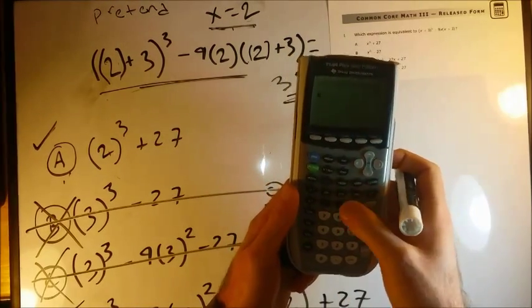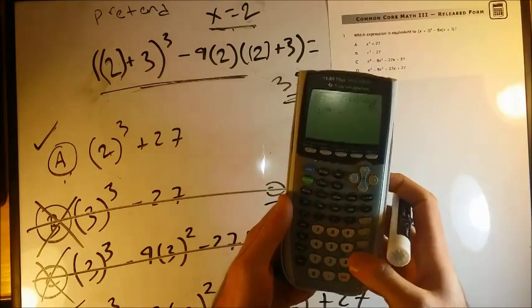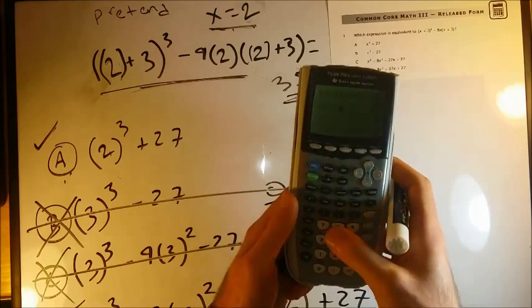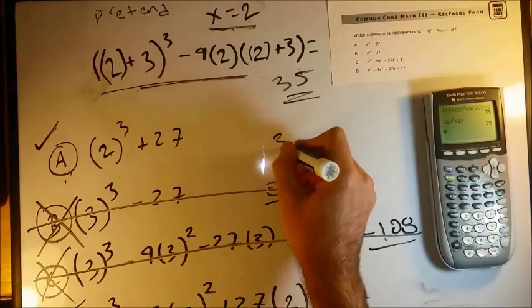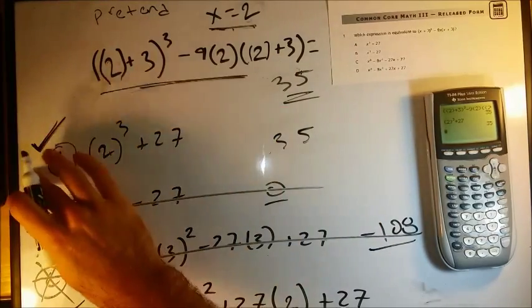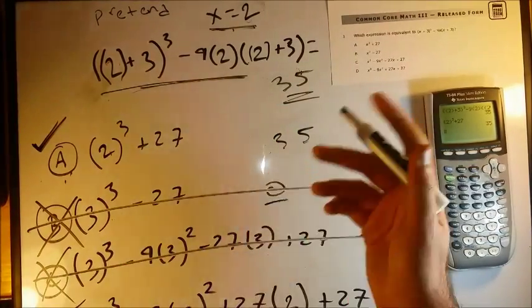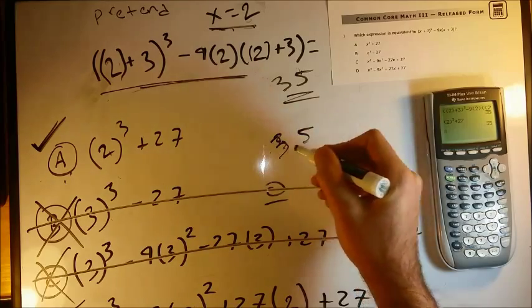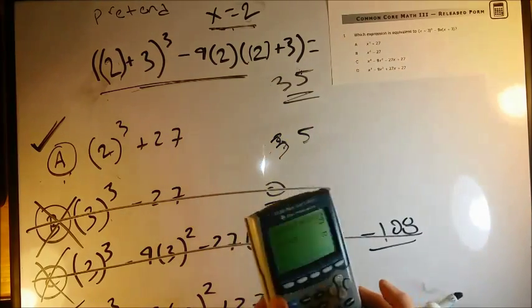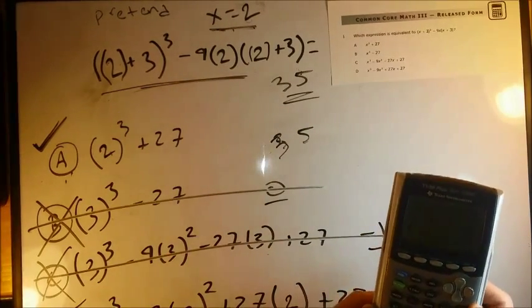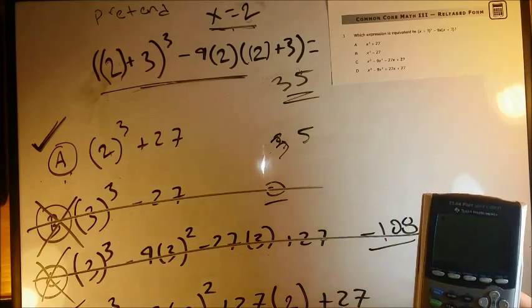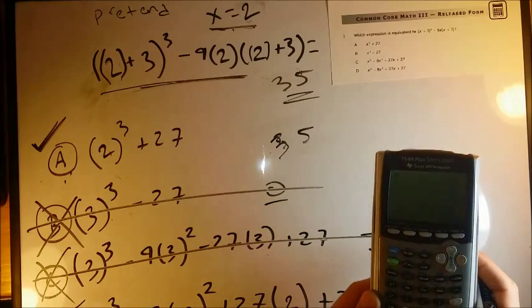So 2 cubed plus 27 gives me 35. So right now this one is still a check. This one's still good, still giving me the same thing. That's another little test that it is an equivalent expression, because now we have two different numbers that give us the same value.